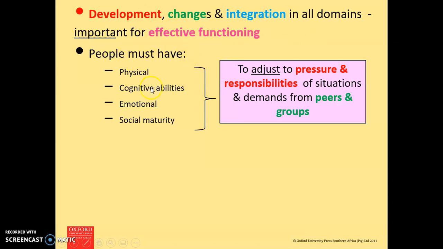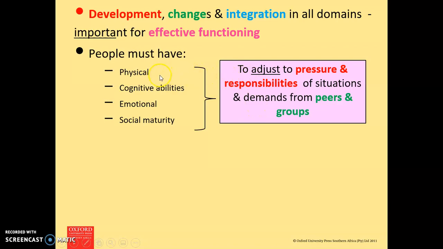So people must have physical, cognitive abilities, and emotional and social maturation to adjust to the pressure and responsibility of situations and demands from peers and groups, because we are living in society, with other human beings.